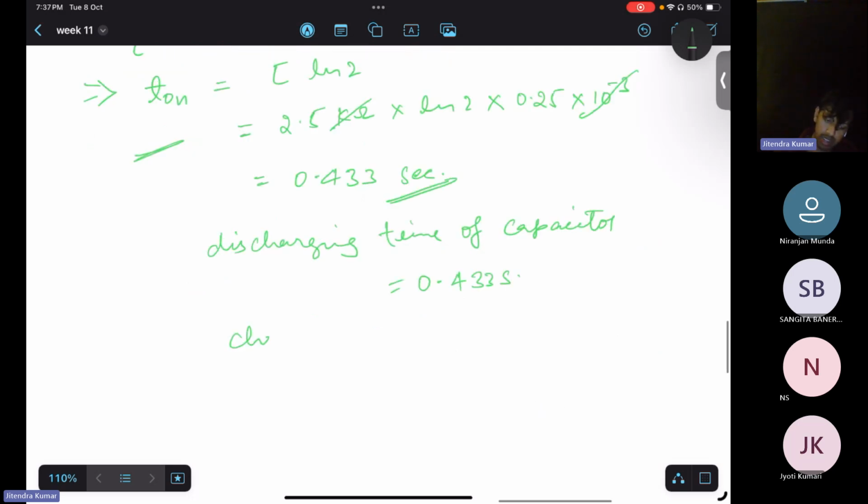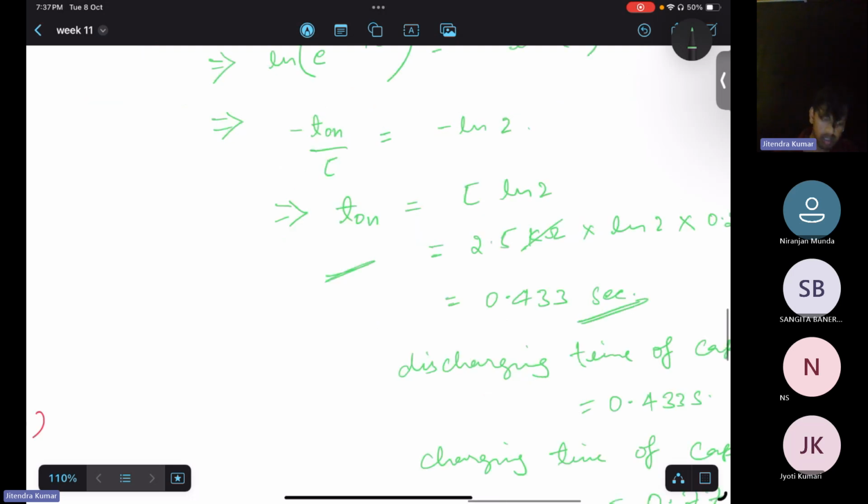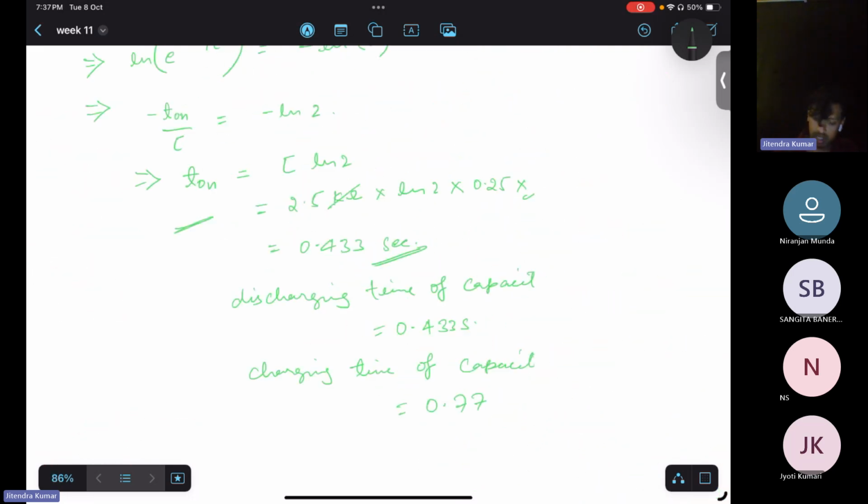And charging time of capacitor is equal to 0.77, 77 something, right? 0.779.